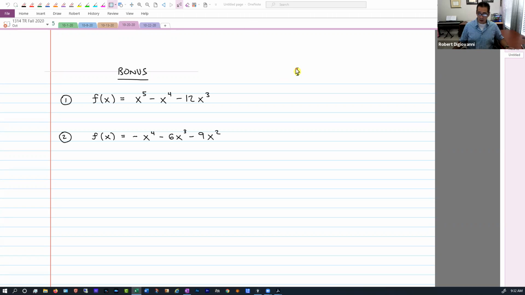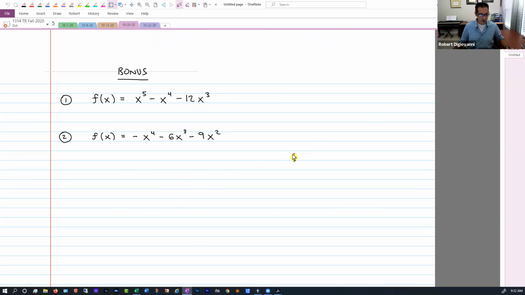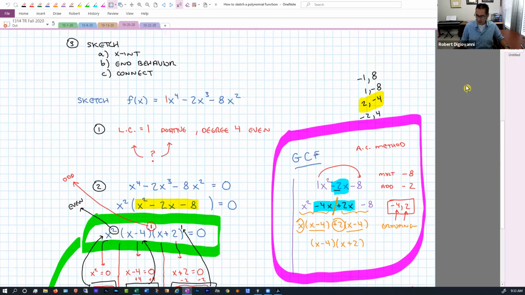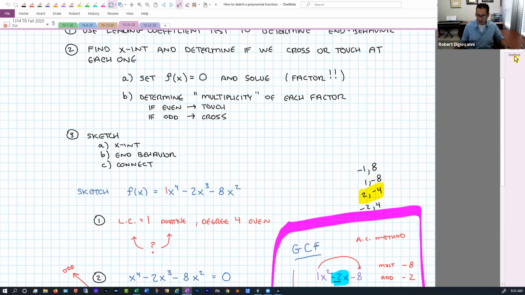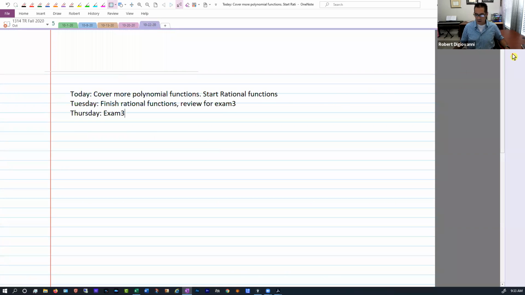All right, well, in that case, let me continue with polynomial functions. We established last time a set of steps. These were our steps from last time, and I'm going to follow these. We did that example yesterday, and then I gave you the two to do on your own. So let me give you something new. Okay, how about this?